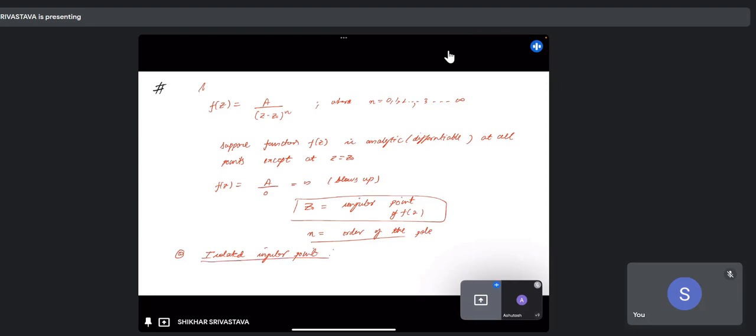As the name suggests, it is isolated. That means suppose z equal to a is a singularity of some complex function f of z, and there are no other singularities within a small circle surrounding that point.